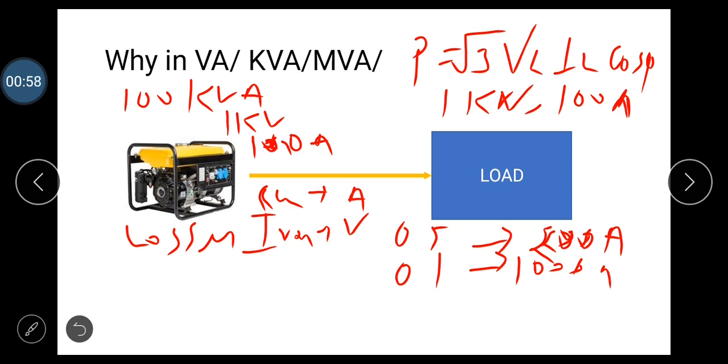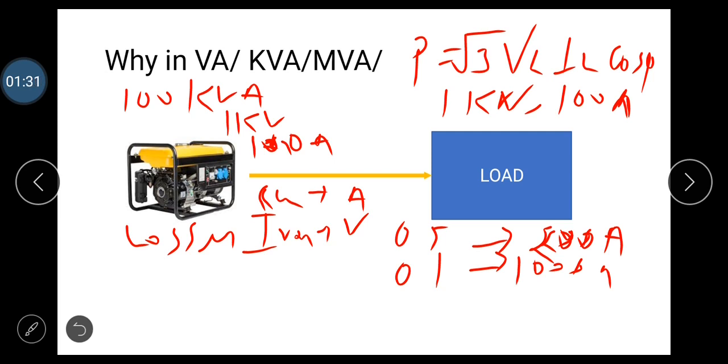This 100 kVA includes the total apparent power, real and reactive power. The load only takes the real power, but the reactive power also has to be supplied by the alternator. If it is operating at low power factors, the reactive power will be more, and that cannot be supplied by the alternator if it goes beyond its limits.